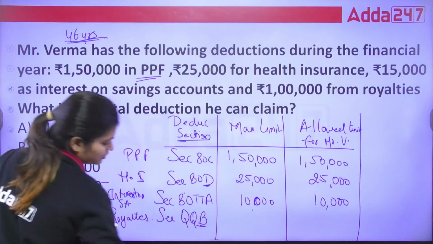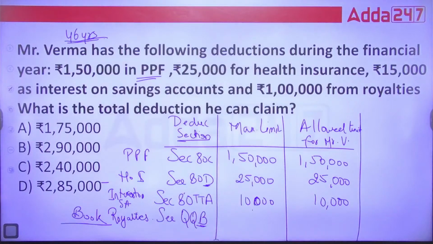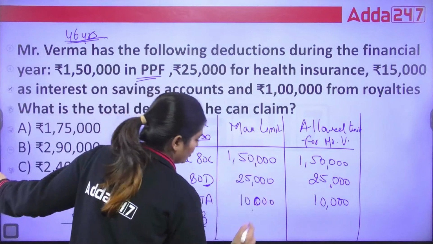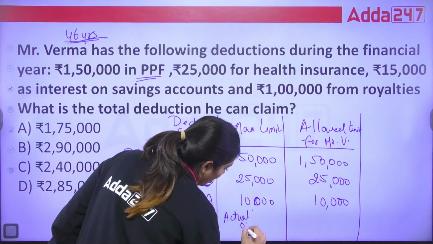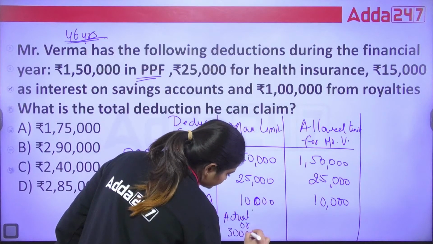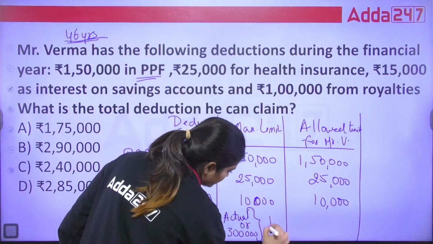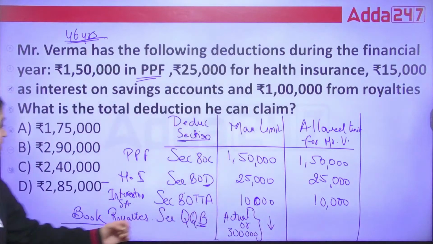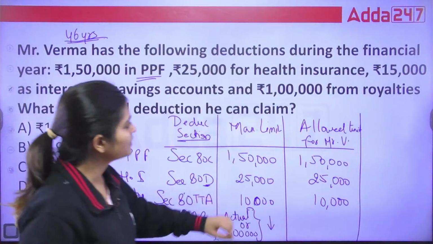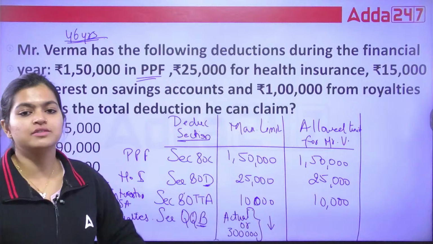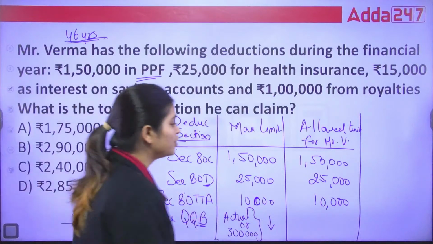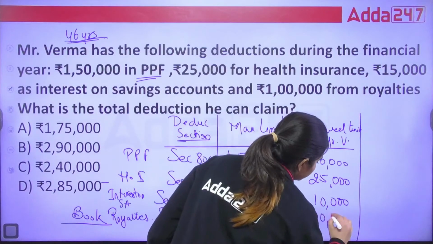B means books. The deduction amount of that royalty income is the actual amount or 3 lakh, whichever is lower. Actual amount is 1 lakh or 3 lakh, whichever is lower. So which is the lowest amount? That is 1 lakh.